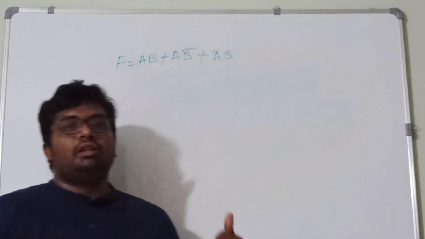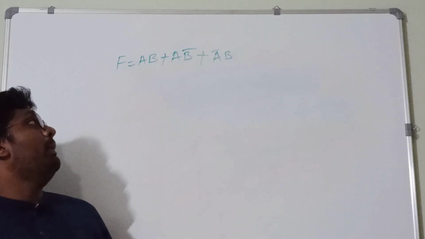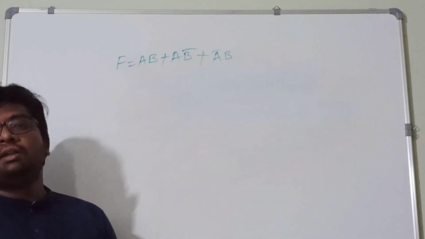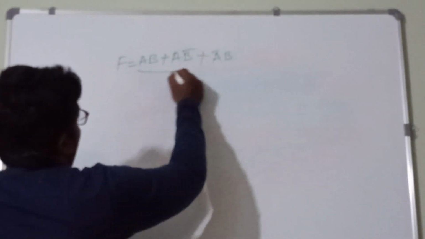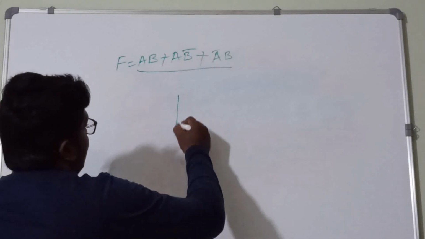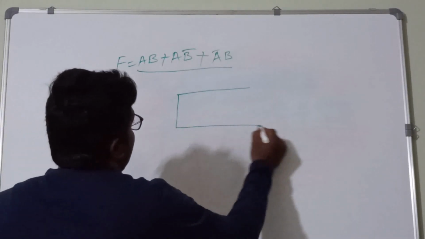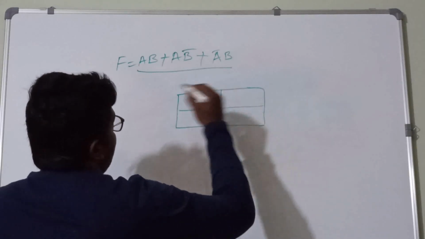So now take one example. F equals AB plus AB complement plus A complement B. If you observe here, we have only 2 variables, so this is a 2 variable K-map. We need to draw a 2 variable K-map.